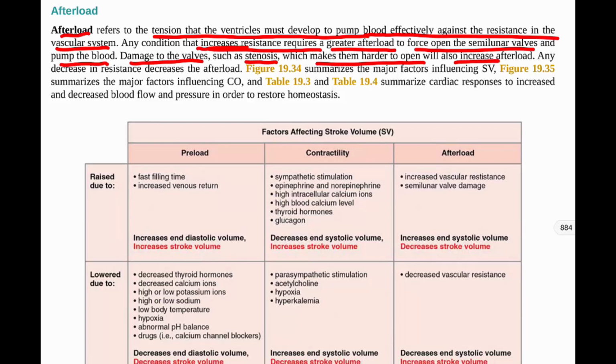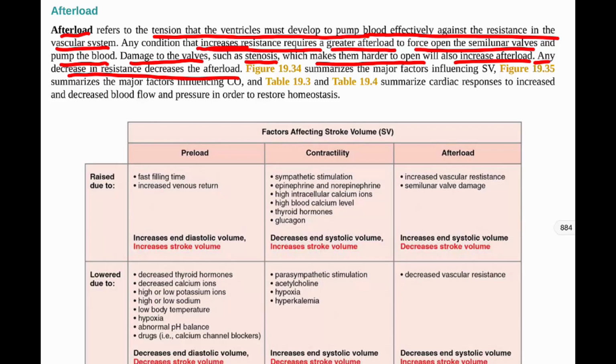Not only just in the vessels, like the pulmonary trunk or the aorta, but also right in those specific areas of the valves. So damage to our semilunar valves is going to have an effect on afterload. Any decrease in resistance is going to decrease the afterload. If we are all healthy, we don't have any atherosclerosis or any roughening up of our arteries, then things are going to go nice and smooth, and it's going to decrease our afterload.